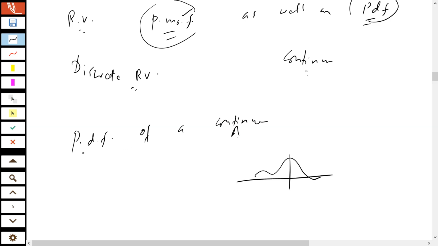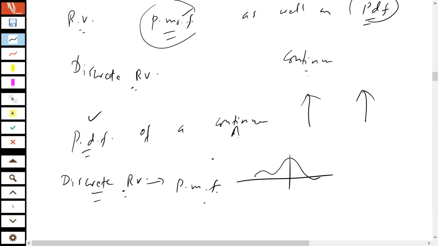But if I ask you for the PDF of a discrete random variable, which is just like the periodic function in this course, you should first say that for a discrete random variable you should be asking me the PMF. Why are you asking the PDF? But if I say no, I do need the PDF, then you should expect those deltas, because PDF was not meant for discrete random variables and you are still using it.